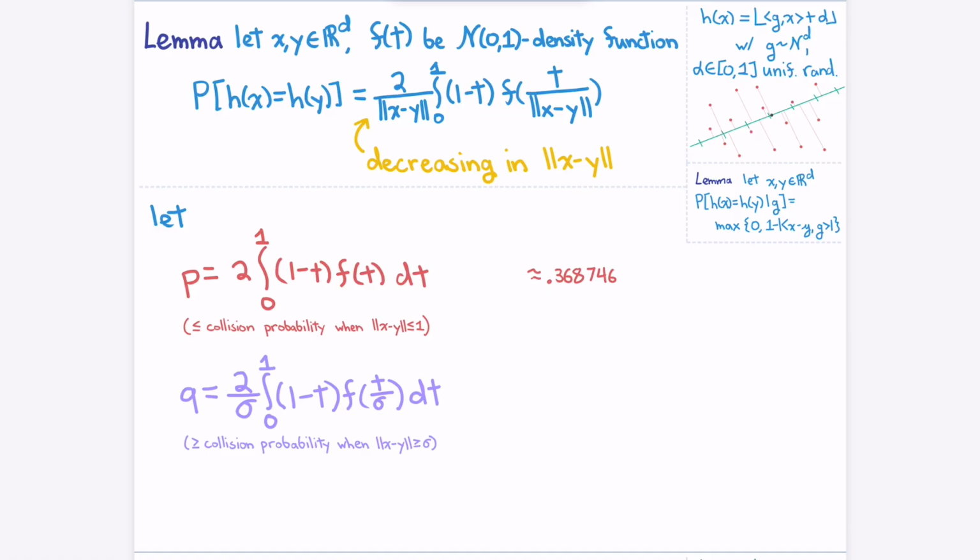So p represents the collision probability when that distance is less than or equal to 1, so for the near neighbors. It's just plugging in x minus y is equal to 1. Since that function is decreasing in the distance, equal to 1 is the worst case for it.